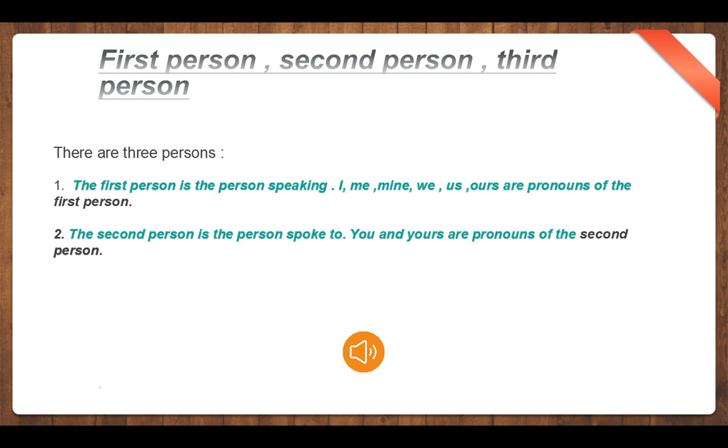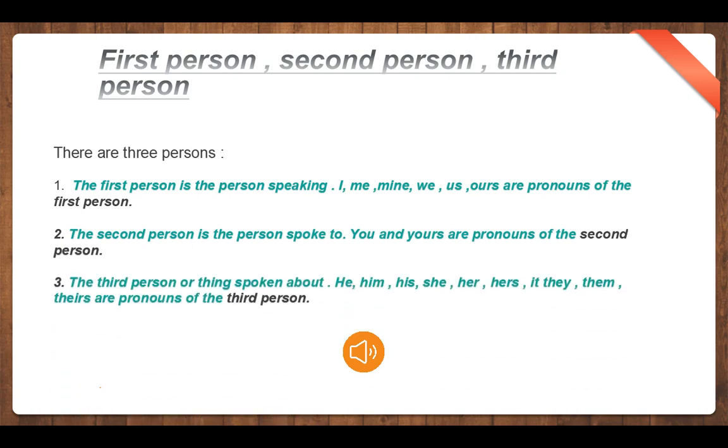You and yours are pronouns of the second person. Third, the third person is the person or thing spoken about. He, him, his, she, her, hers, it, they, them, theirs are pronouns of the third person.